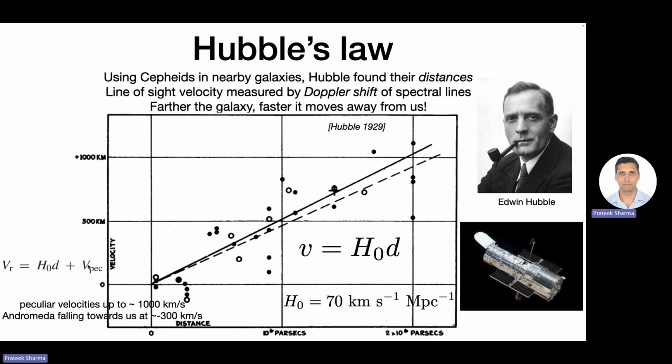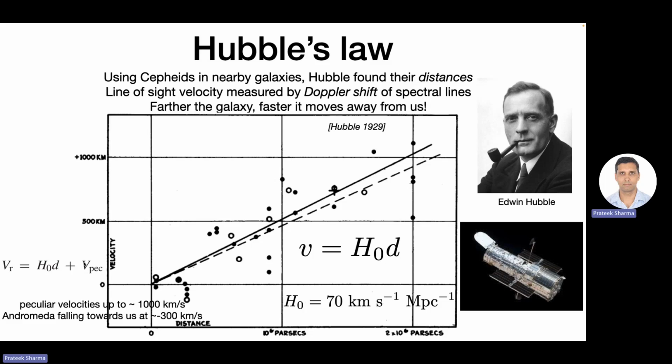For example, nearby galaxies are affected by the gravity of our Milky Way galaxy. They're pulled in, like M31, the Andromeda galaxy, is pulled in, and it does not satisfy Hubble's law, right? Because it's affected by this overdensity of mass, and that's what is causing this peculiar velocity.